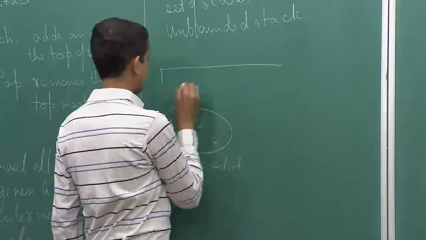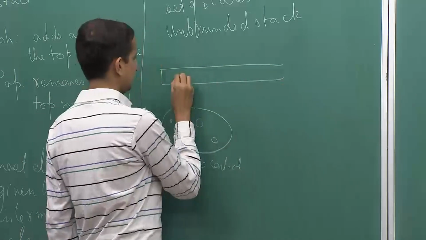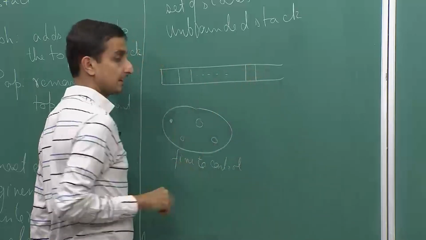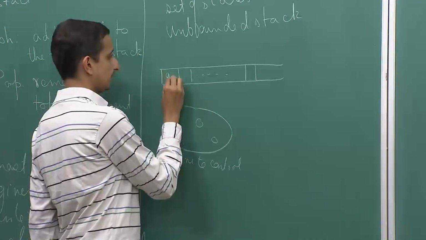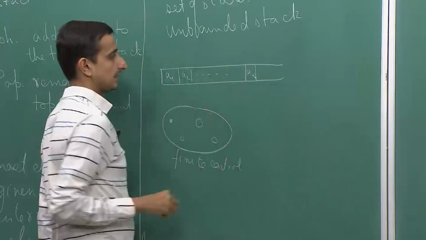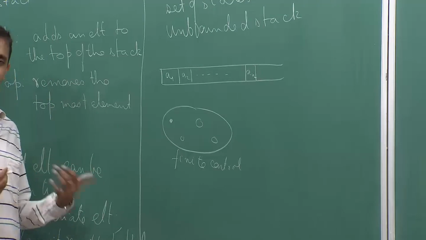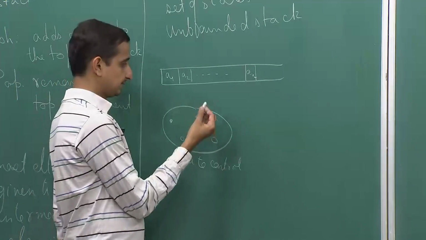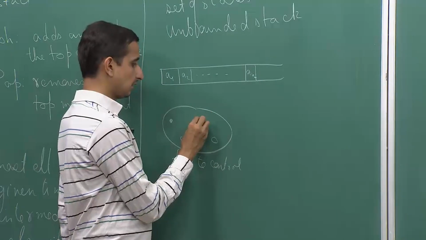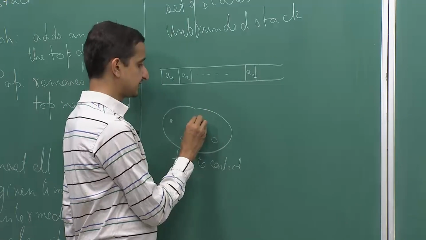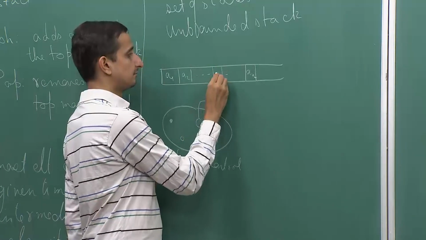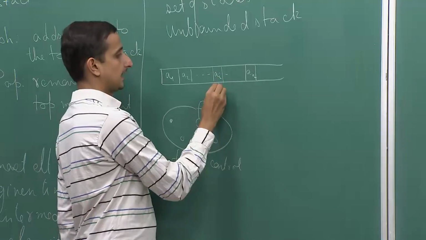There is an input tape which contains the input bits, let us call them A1, A2 up to some AN, and at any given point of the computation, the automaton is in some state, and let us say it is reading some input bit AI.